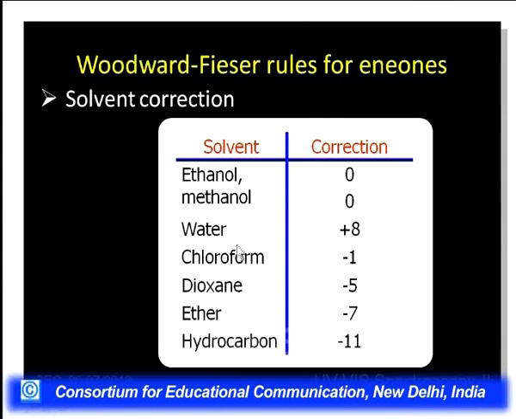But suppose we have a molecule in ethanol or methanol, and then we try to see what the value will be in case of water as a solvent. We have to add 8. For chloroform it is -1, dioxane -5, and so on and so forth. That means the effect of solvent has to be considered in this case, whereas in the previous case we didn't do much about the effect of solvent because it does not affect significantly there.